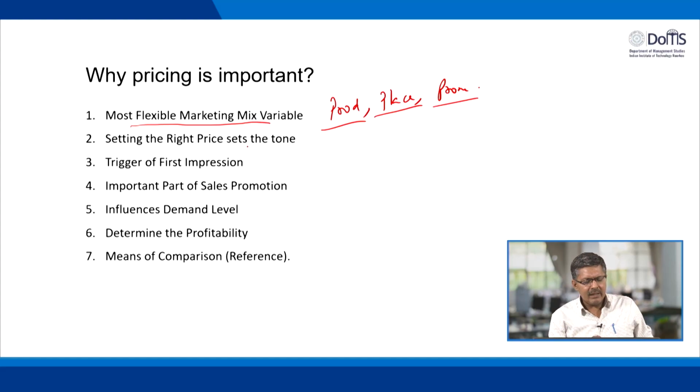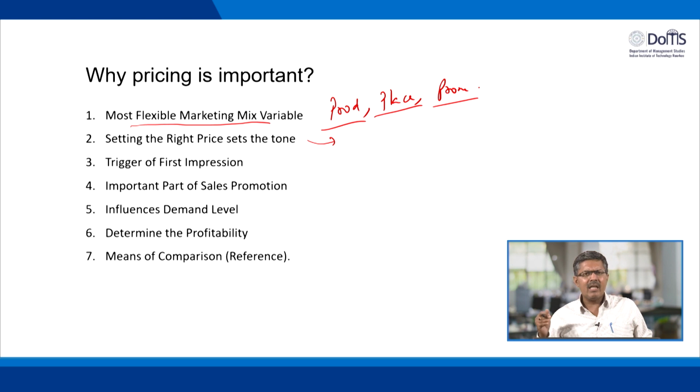Setting the right price sets the tone. Whenever you look at a product, if it is priced right, then automatically people would love to try the product. There is a high chance that a right price will put sales on a roll and help the momentum of the sales.